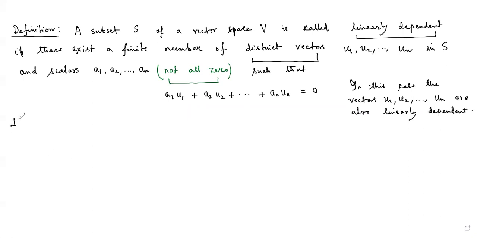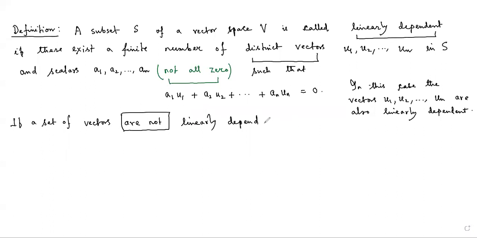If a set of vectors are not linearly dependent, then these vectors are linearly independent.